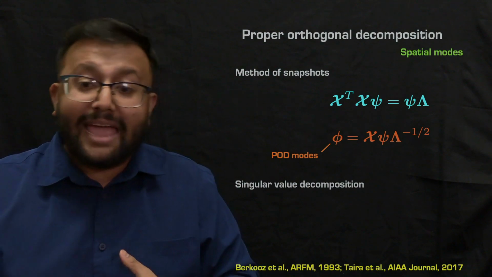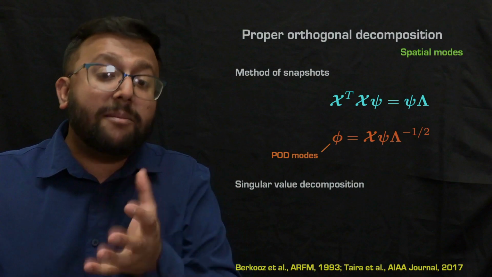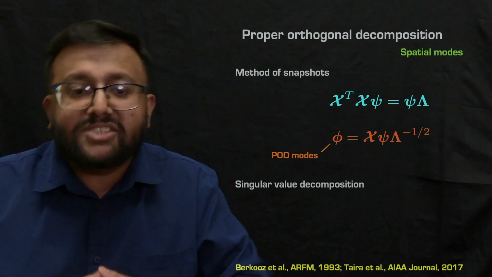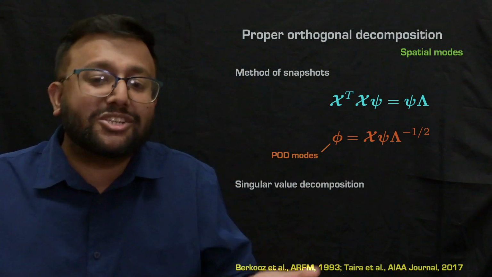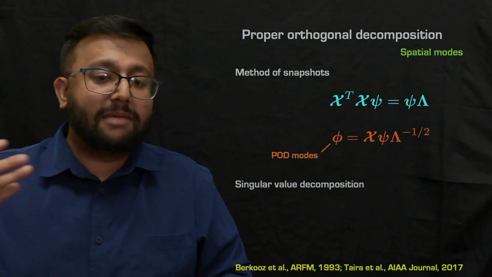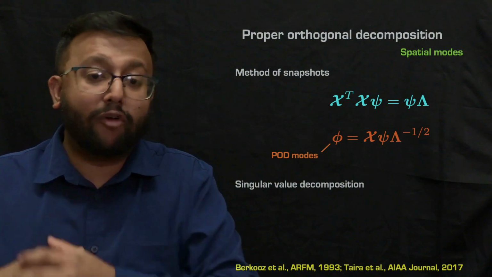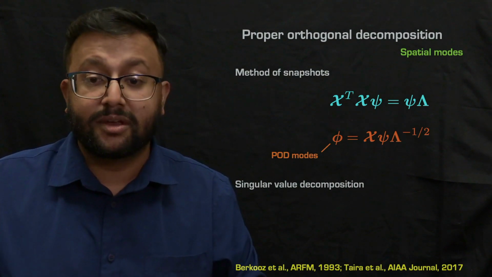So you have your eigenvectors and a diagonal matrix of eigenvalues. And from these two objects and your stacked matrix, you can recover the POD modes. The POD modes are just X multiplied by C multiplied by the diagonal matrix of the eigenvalues raised to -1/2.